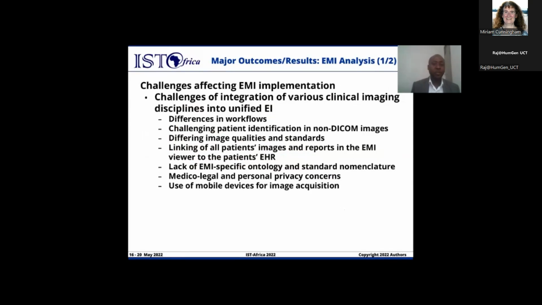And all this is due to the differences in the workflows for the different clinical imaging departments, differences in the image qualities and the standards that are used in imaging, problems to do with a lack of specific ontology and standard nomenclature, as well as medical, legal, and personal private concerns to do with imaging.